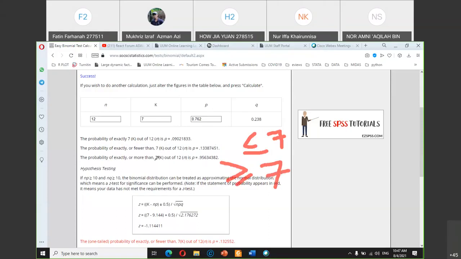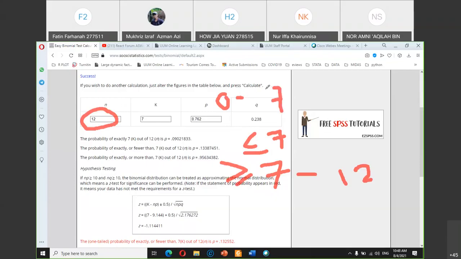So this one is 7 and more, this one is 7 and less. Meaning for this part here, it's 7, 6, 5, 4, 3, 2, 1, 0. But here it is 7, 8, 9, 10 until 12 because we have 12 observations, n equals 12.